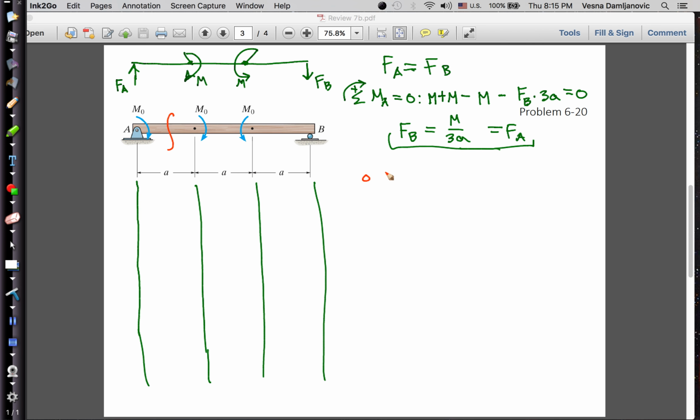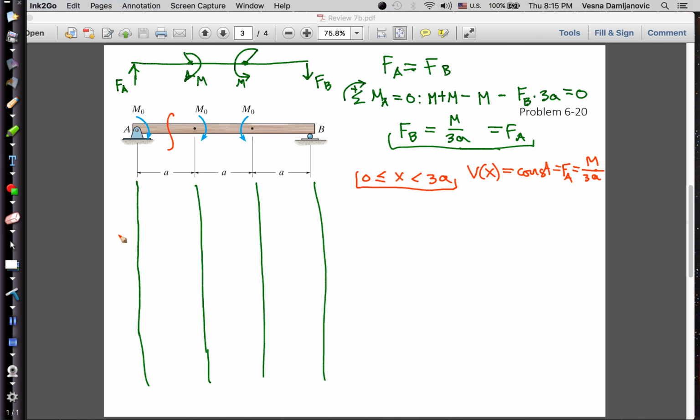From 0 to 3A, the entire span, V of X, all the way through is constant and equal to one of the supports. We started from left, so we're going to do from left, okay? It's equal to FA, which means it's equal to M over 3A. So that's always going to be true.